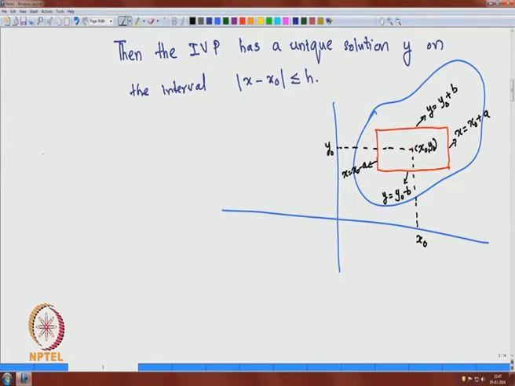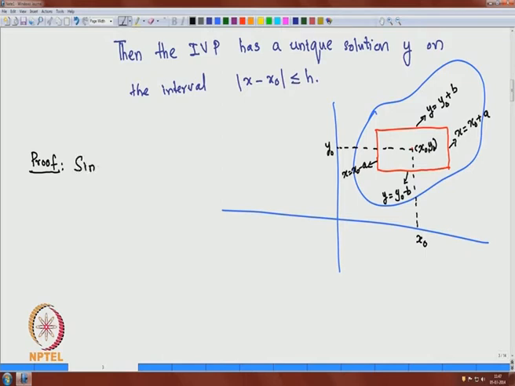So, we now prove the theorem. Proof. The proof has more technical details.